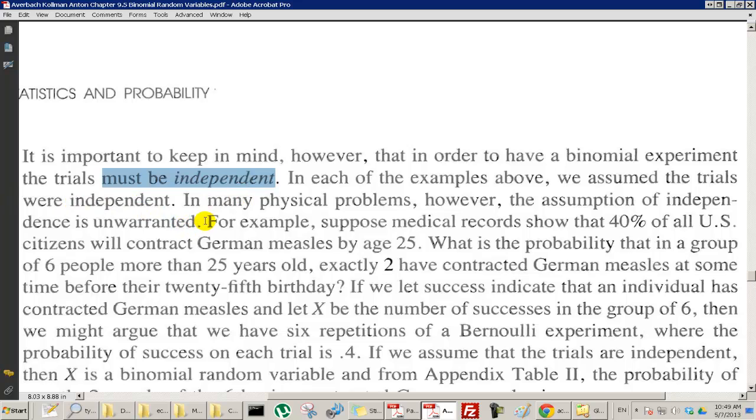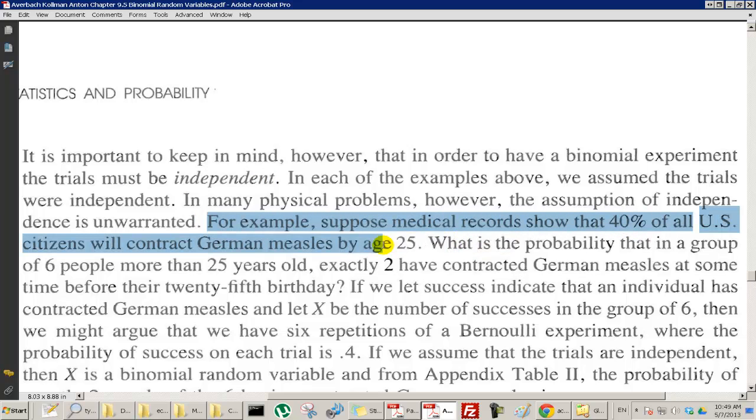For example, suppose medical records show that 40% of all U.S. citizens will contract German measles, it's a kind of measles sickness, by age 25.